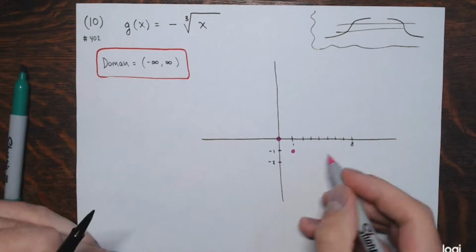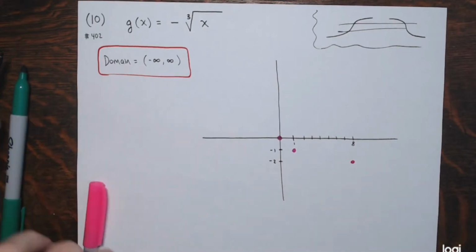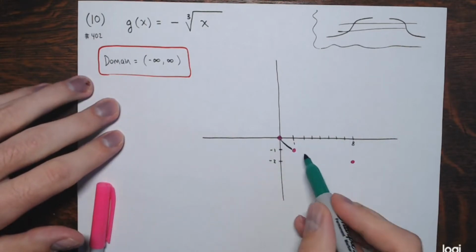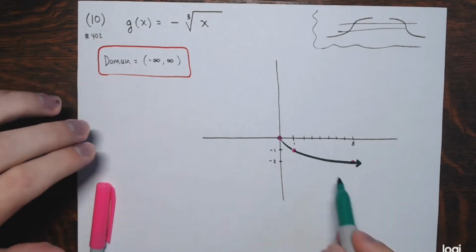Input 8, output negative 2. And do you see that if I start from the origin and go to the right, we're going down forever, just very slowly?